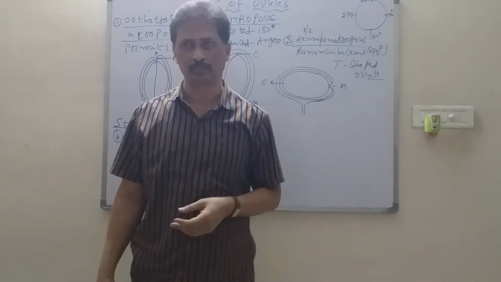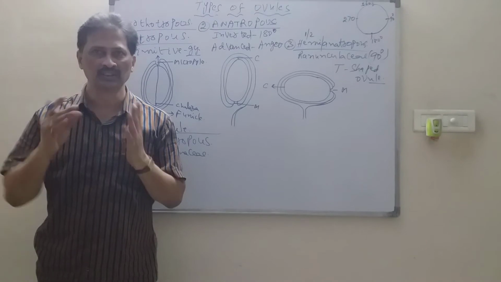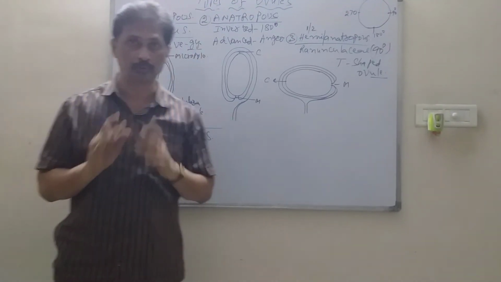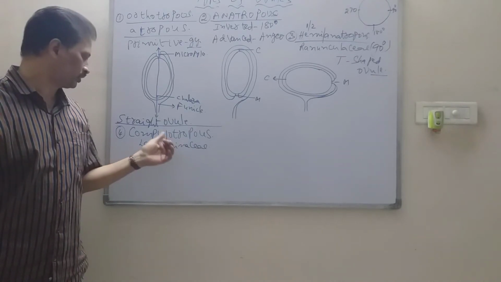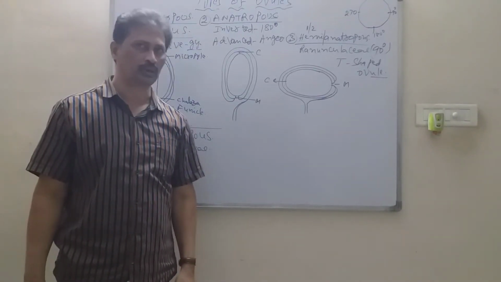Next, groundnut is there. All these examples belong to the Leguminosae family. That is one of the important families where you can find the presence of campylotropous ovules.